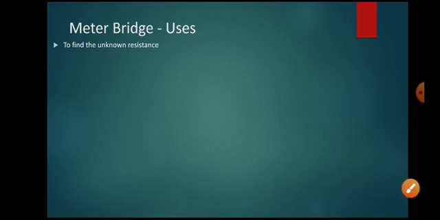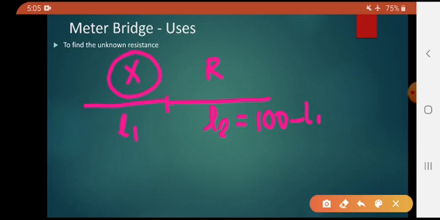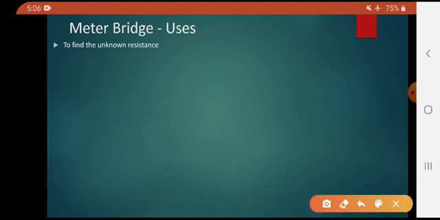This meter bridge works on the principle of the Wheatstone bridge. So apply the Wheatstone bridge. Here the unknown resistance is X, the known resistance is R, the first length is L1 and the second length is L2, which equals 100 minus L1. X by R equals L1 by L2. This is the formula to find the unknown resistance.